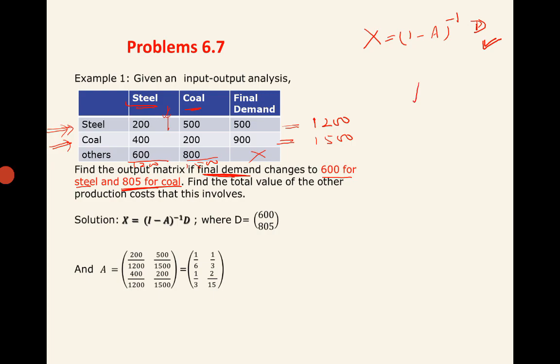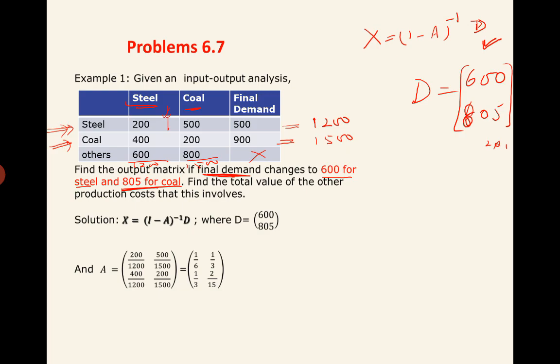So D is the column matrix 600, 805, with 2 rows and 1 column. Now let's find the A matrix from this table.